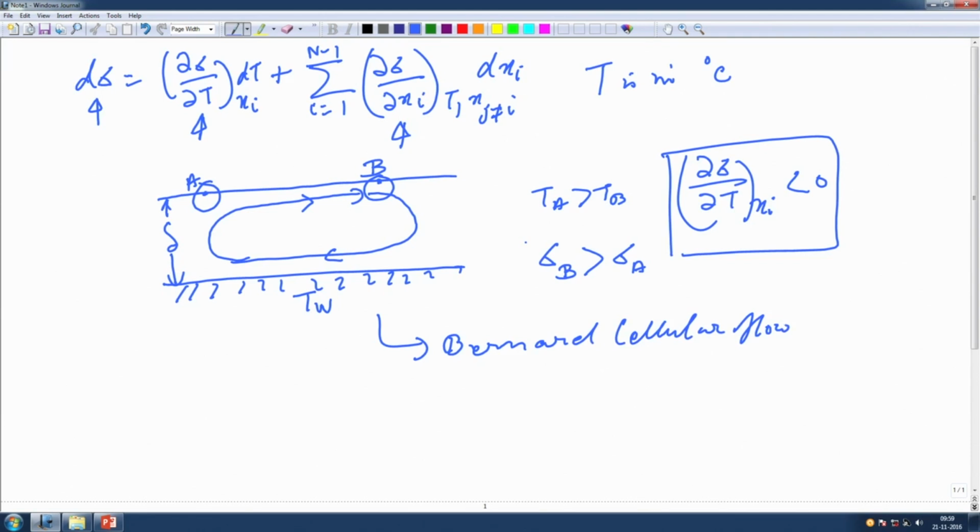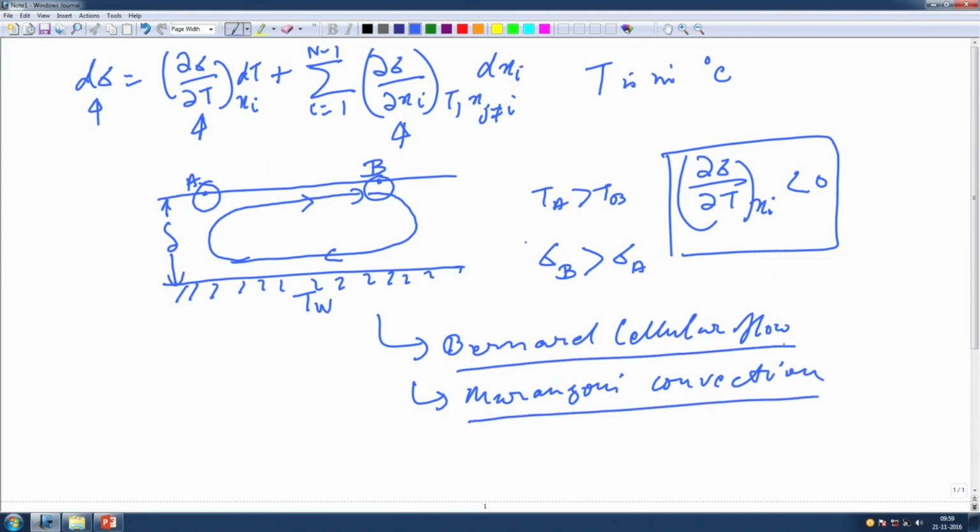This happens when a horizontal pool of liquid, a very thin layer of liquid, is heated from the bottom, and this flow is basically called the Marangoni convection. We will cover more about this Marangoni convection later when we watch it with respect to droplets, but this is basically what is called the Marangoni effect, that is, a motion of the liquid caused due to a gradient in surface tension.